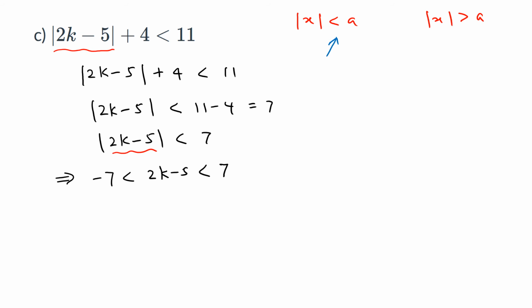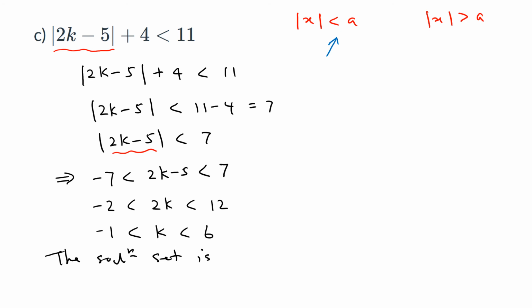You get negative 2 < 2k < 12. Then we divide by 2, and you get negative 1 < k < 6. So that's the solution. The solution set is (-1, 6).